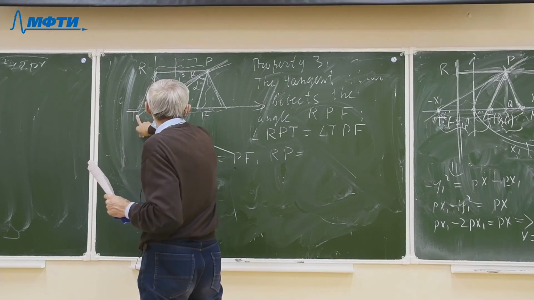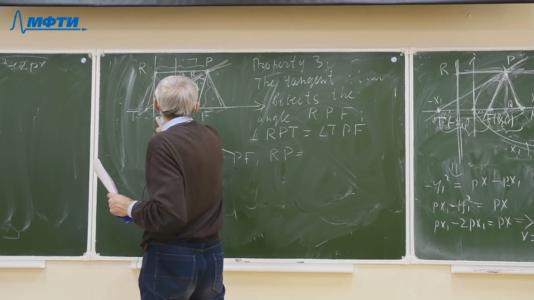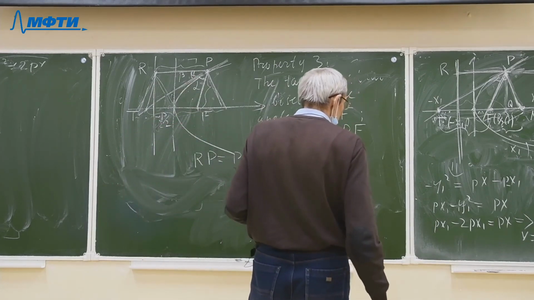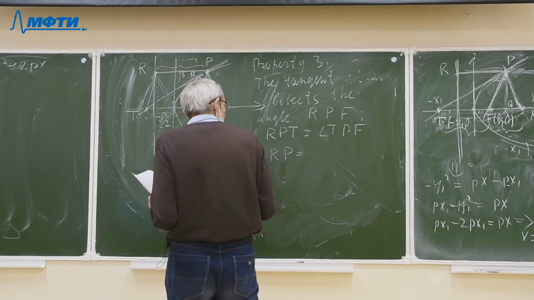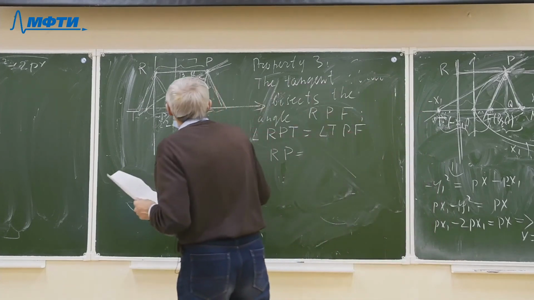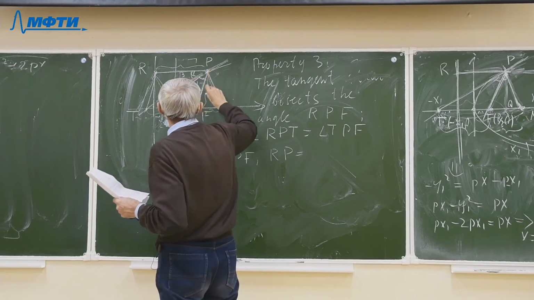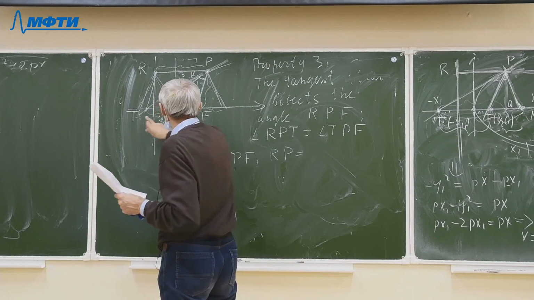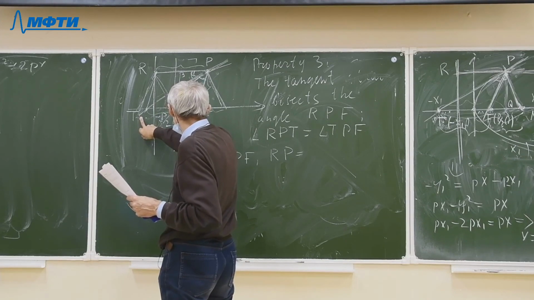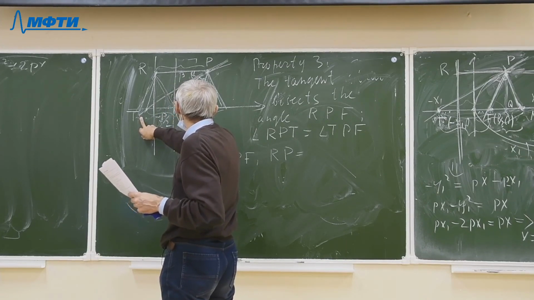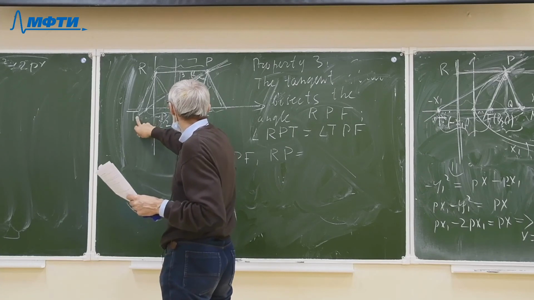The coordinate of T is equal to minus x1, and this coordinate is x1 plus p, and this coordinate is p divided by 2.